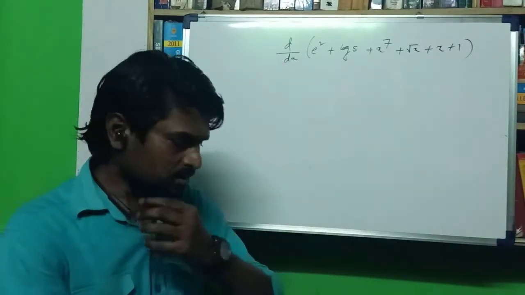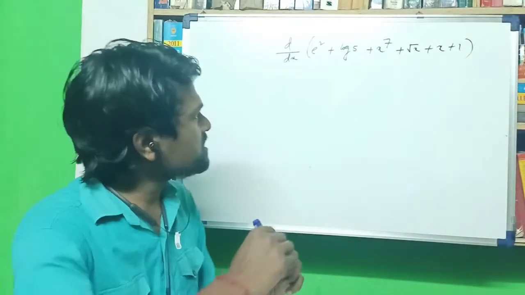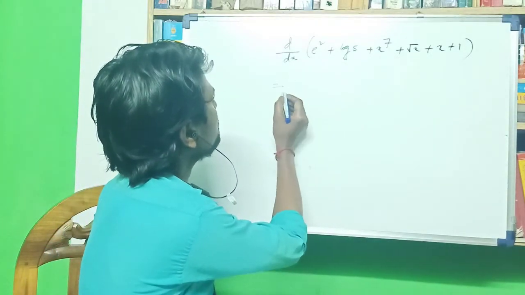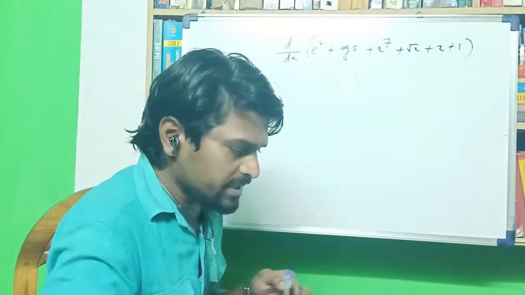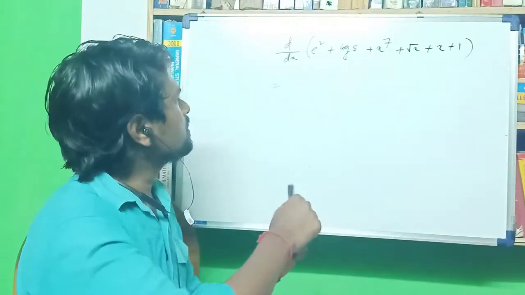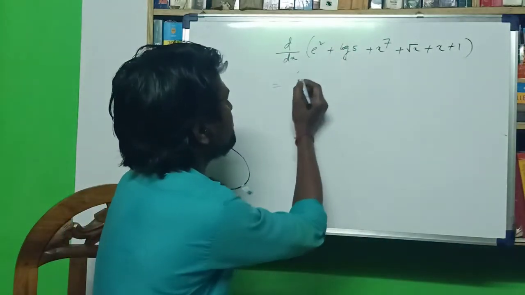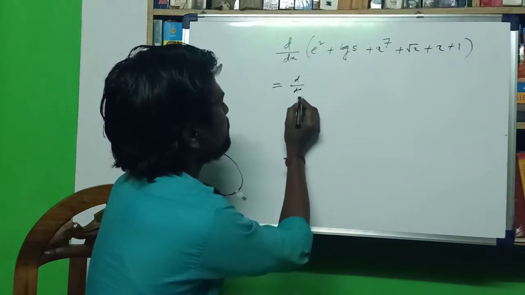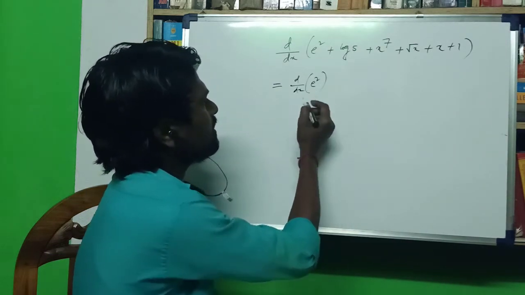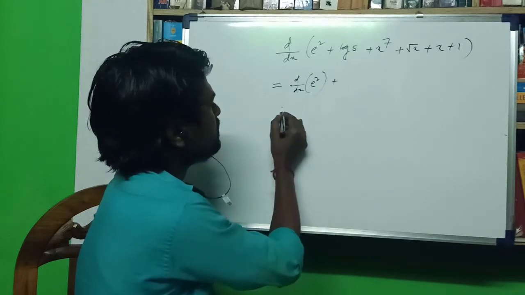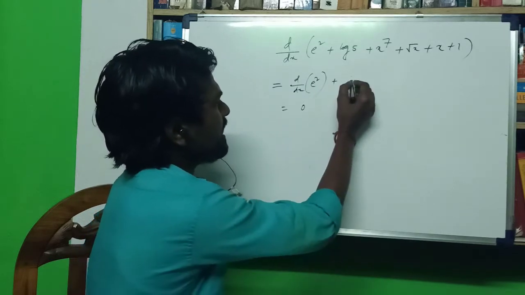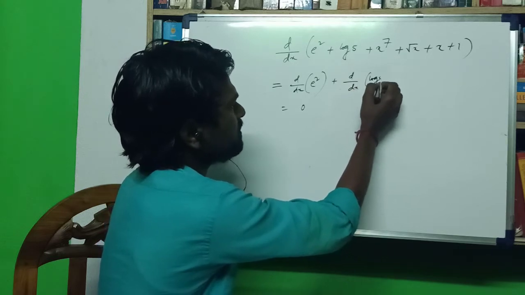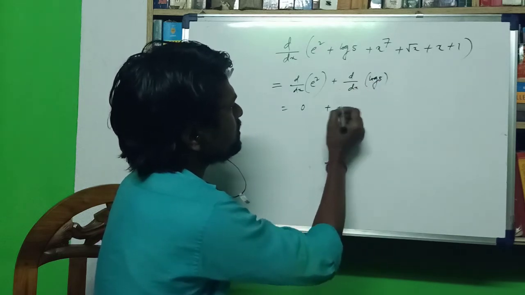So students, I repeat the question again. d/dx of this is equal to d/dx of e square. E square means it is a constant value. So d/dx of e square is equal to 0, and d/dx of e to the power log of 5, that means this is also 0.